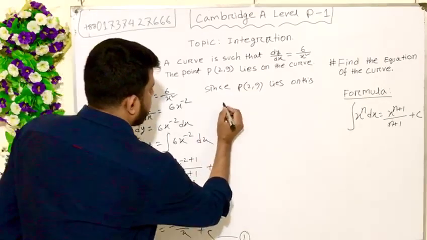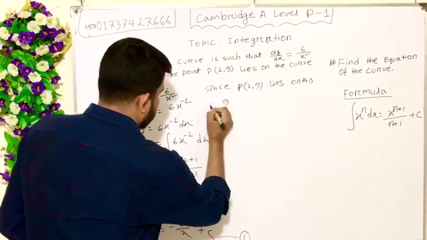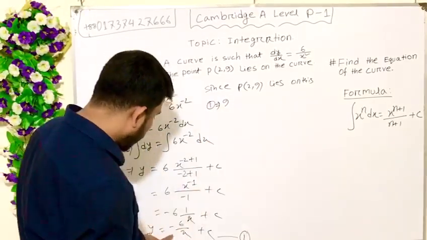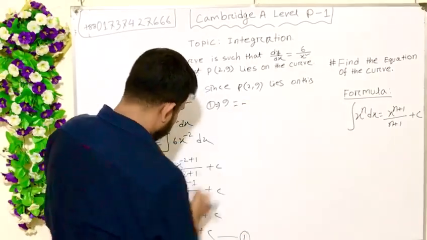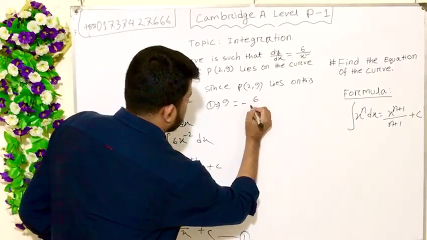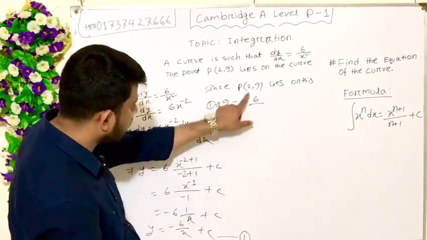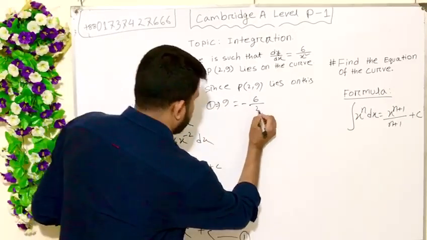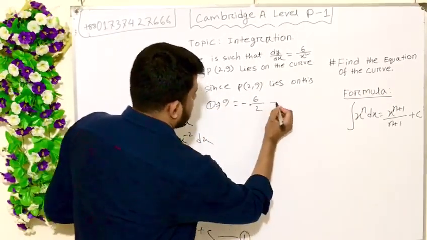Okay, so y equals 9, this equation, and this is minus 6 is here, and x is 2, that is first term, right? 2, and this is constant plus c.